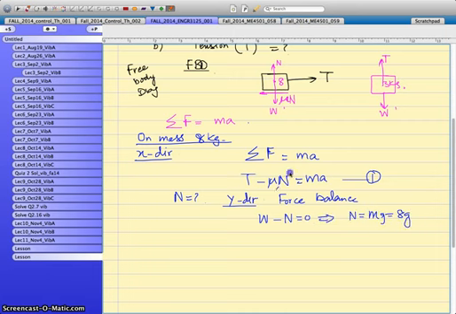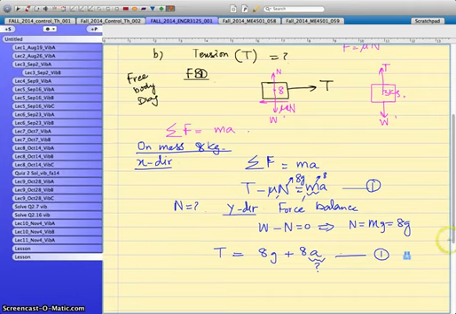You will plug this in over here. So let me write this down again: T is equal to mu times 8g plus 8a. This a we have to find out. This is equation number 1. Do you understand this simplification for equation number 1?